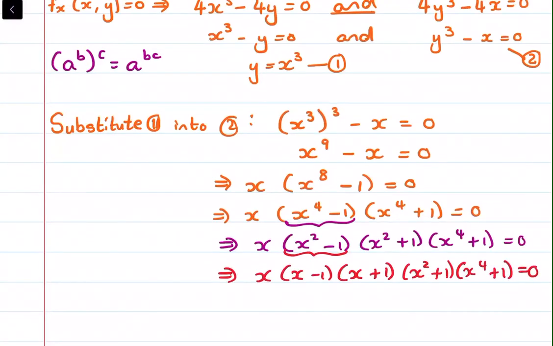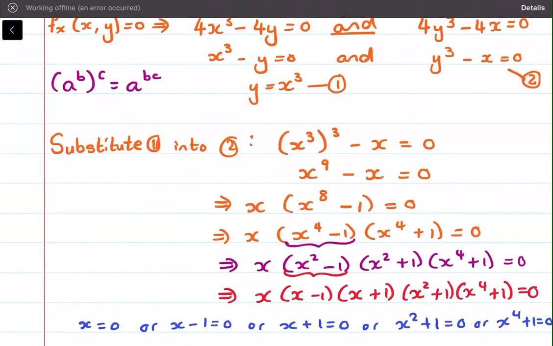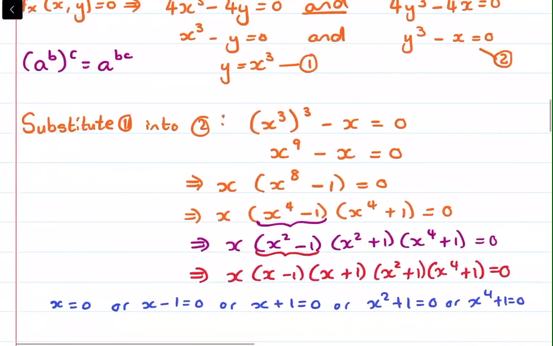So what does this mean then? Remember that from here, it means that x is equal to 0, or x minus 1 is equal to 0, or x plus 1 is equal to 0, or x squared plus 1 is equal to 0, or x to the power 4 plus 1 is equal to 0. All right, but we know something.